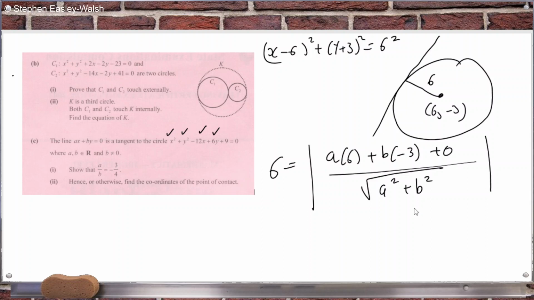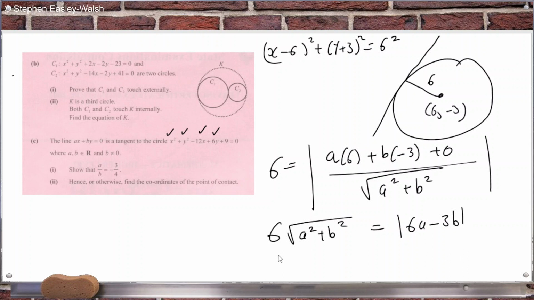Could this produce the equation a over b? Let's see. If I bring the root up, I get 6√(a² + b²) = |6a − 3b|. I don't see how this is going to make a over b.